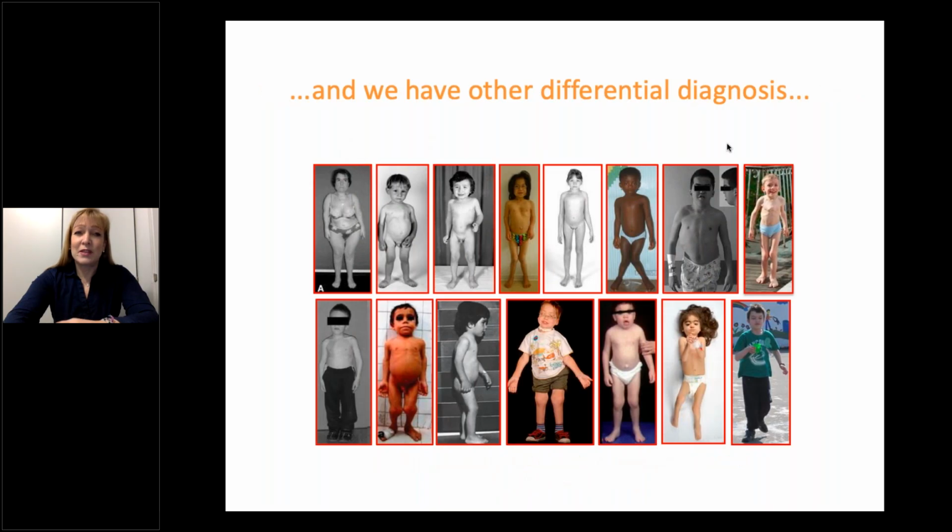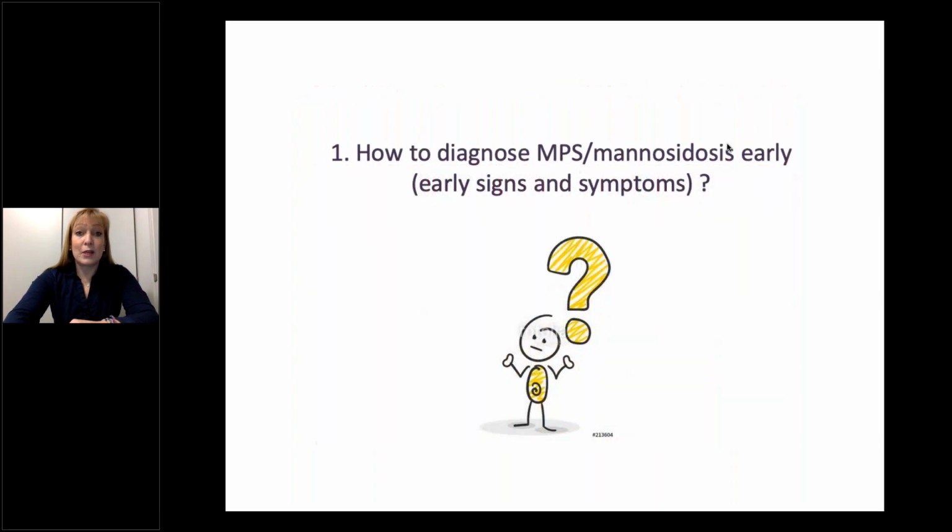And to show you that these patients are really very similar to other skeletal dysplasias, here are some pictures of patients. Some of them are MPS patients, so mucopolysaccharidosis patients, metabolic patients, but they are also part of the 460 skeletal dysplasias that we know. And you see here how difficult it might be to diagnose.